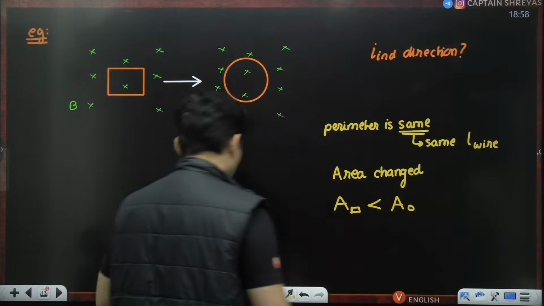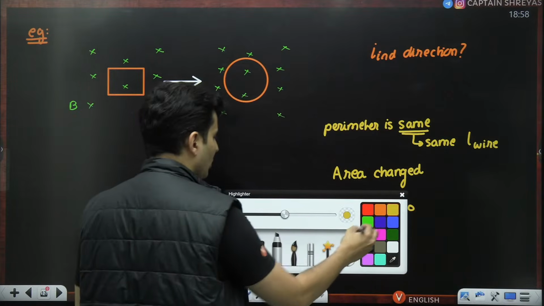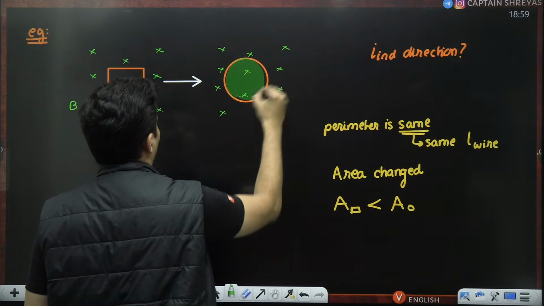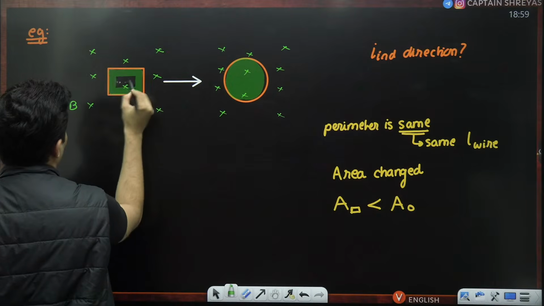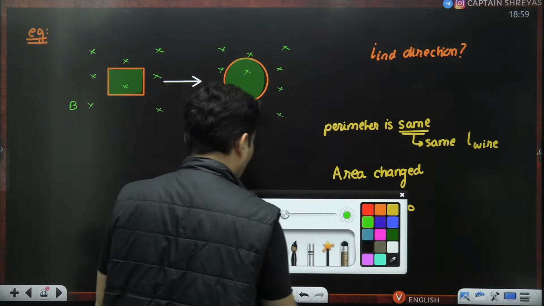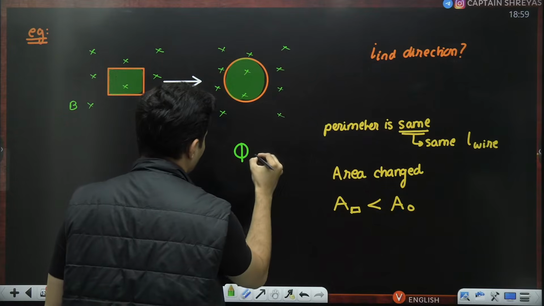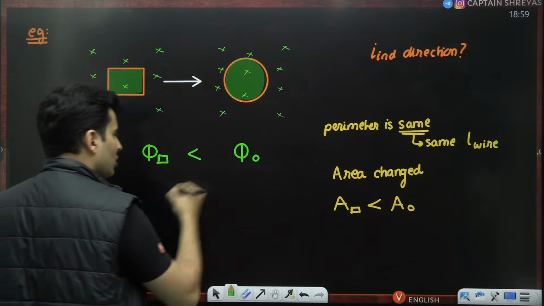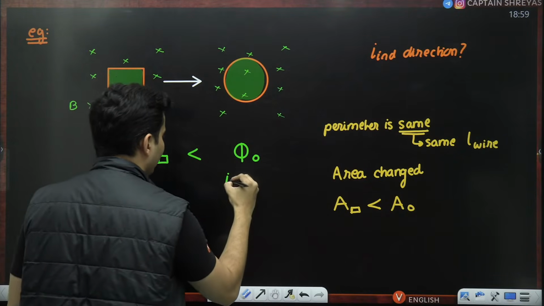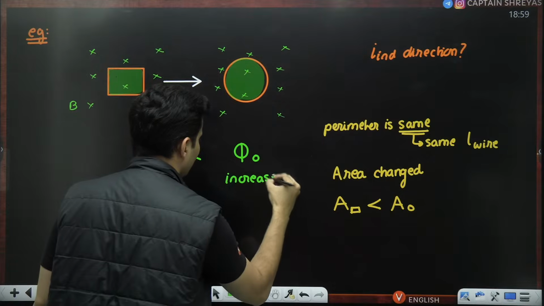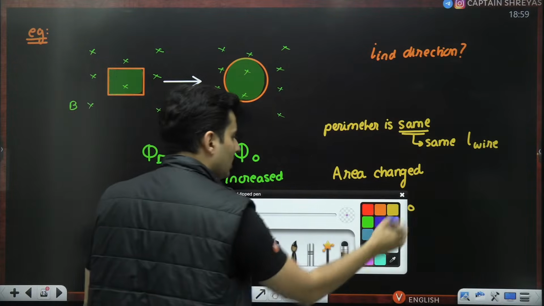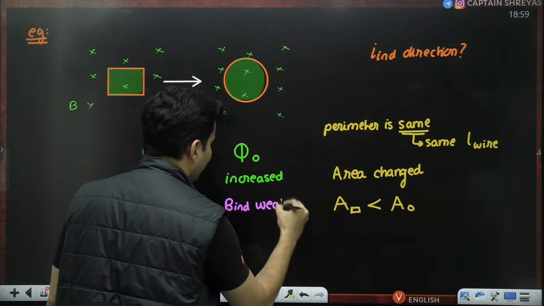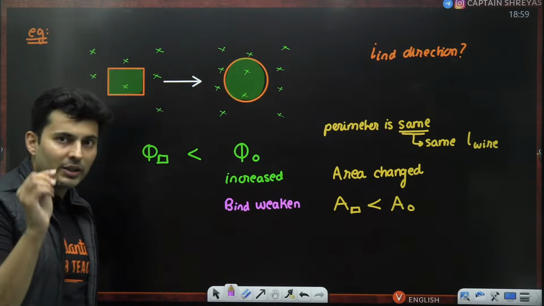Which means, if you ask me how much flux passed through this part versus how much flux passed through this part, who will have more flux? Obviously, the flux through the circle is more than the flux through the quadrilateral. So definitely from here to here, the flux has increased. If the flux has increased, the induced field should try to weaken it.